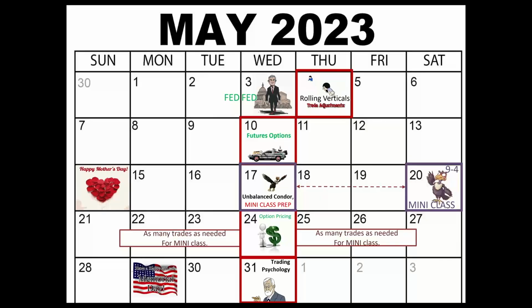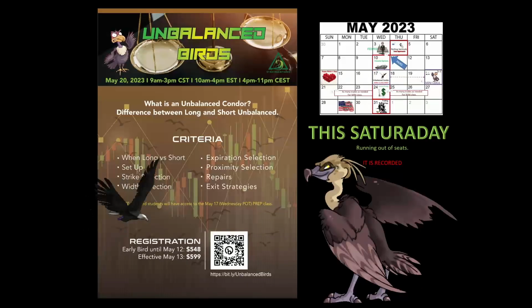And next week, I don't know what day, but for those who are in this class and participating in the mini class, you will be getting a Slack invite, so that you can get pod and Slack updates as it pertains to this example that we do. Now, you'll recall that it starts at 9 a.m. Chicago time and it goes until 3 p.m. I will go longer if you guys have questions.